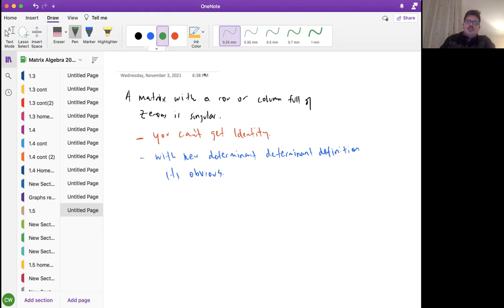Yeah, just pick that row, or cofactor expand on that row. Okay, so let's think about a consequence of that. So matrices with a row or a column full of zeros must be singular.